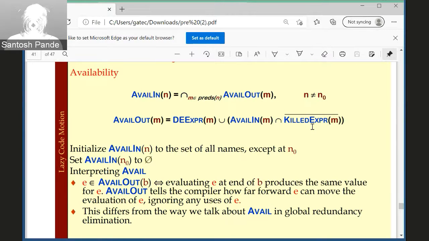Okay, exact same definitions, written in a slightly different form in terms of operators. Rather than subtracting the set of killed expressions, you just take an intersection with the negation of the set. So that's all the difference is. But the sets and the definitions and what they produce remain exactly the same. So these are the sets of available expressions which we find out at the beginning and the end of each of the basic blocks.